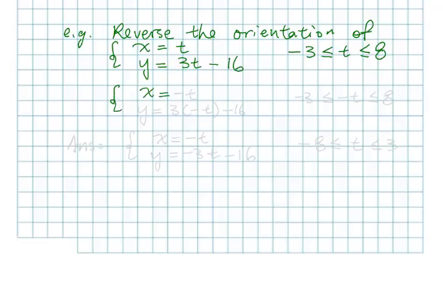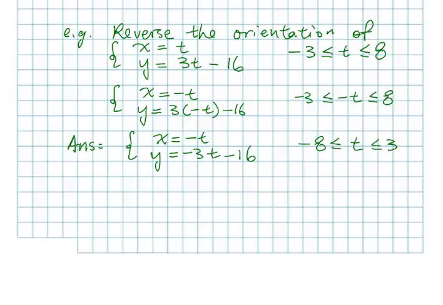X equals negative t, y equals 3 times negative t minus 16, and negative t ranges from negative 3 to 8. After simplifying, we have our answer. X equals negative t, y equals negative 3t minus 16. Remember, when we multiply an inequality by a negative number, we have to reverse the inequality signs. So t ranges from negative 8 to 3, including both endpoints.